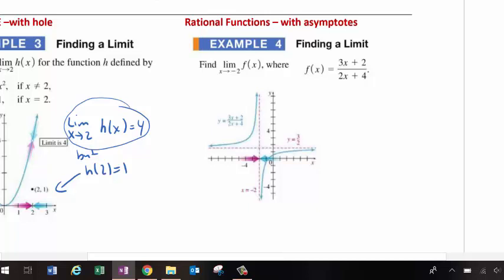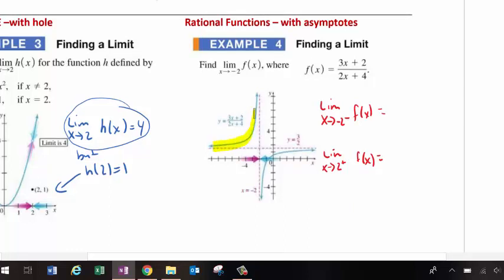So in this case, when we look at this one, the limit as x approaches negative 2 from the left, and the limit as x approaches negative 2 from the right. Approaching it from the left is what they have here on the pink arrow.